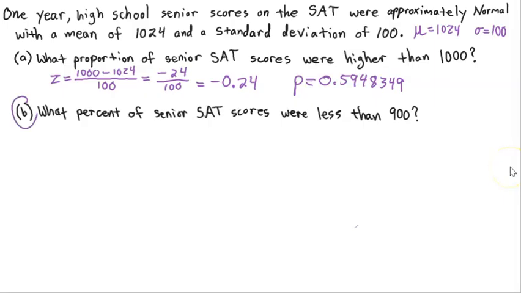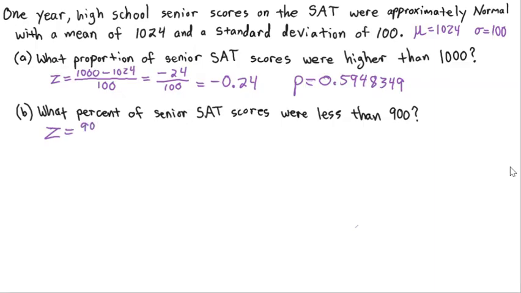All right, so this part B is saying what percent of senior SAT scores were less than 900. Okay, so we need a z-score for 900, then we need to find the less than proportion, but then we have to report it as a percent, not as a proportion. Okay, so the first thing we need is a z-score that goes with 900.